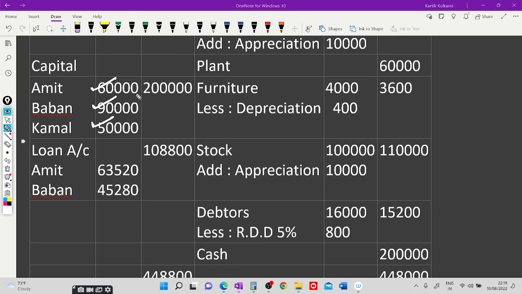This will not appear as a balancing figure. These have to be calculated, which is shown in the working, and after closing the capital account we got these figures as the balancing figure. Now since the old partners' actual capital is more than the proportionate capital, we have adjusted this excess amount by way of loan account.